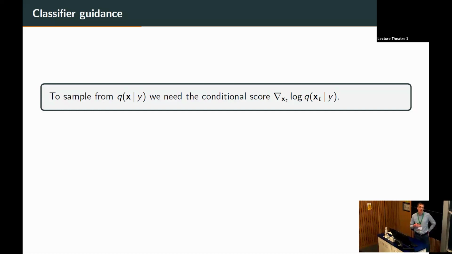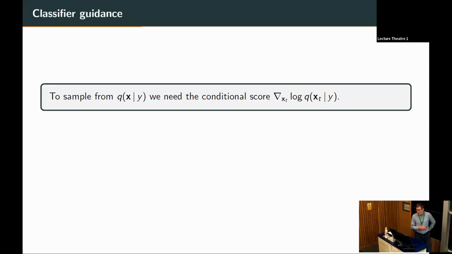Say that you want to generate an image, but you want to condition on what this image should depict. So I want to generate from the cat class or the dog class, to take the classical example. So y is some kind of class, and I now want to sample from this conditional distribution. If I'm going to use a score-based generative model, that means that I need the conditional score.